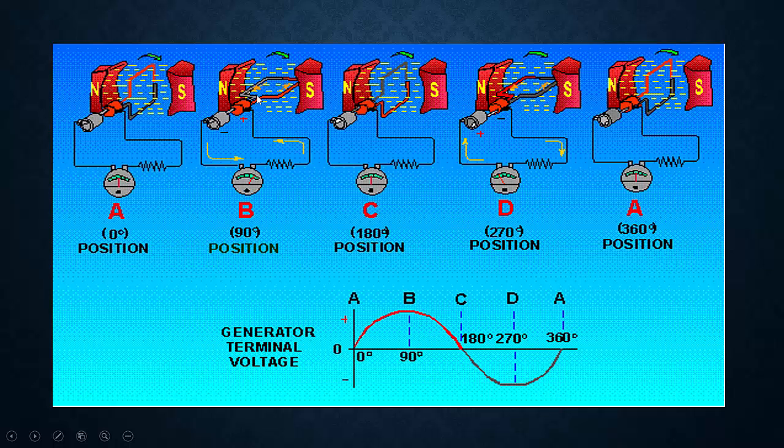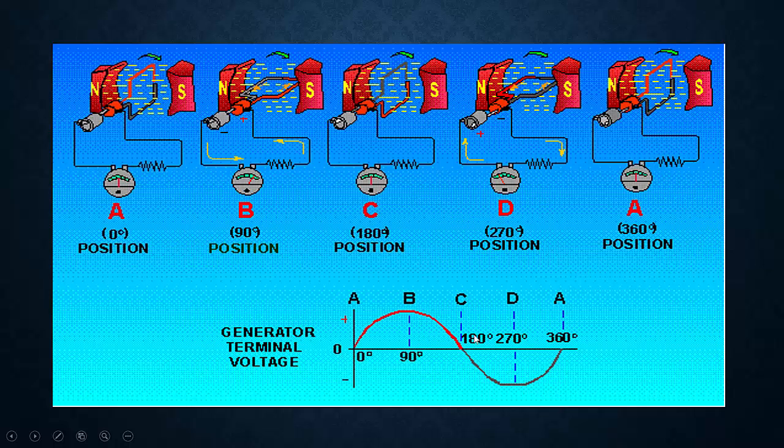But what happened here? What we saw is that the red color part was near the south pole. Here, the red color part is near the north pole. So here the EMF is maximum but in the opposite direction.